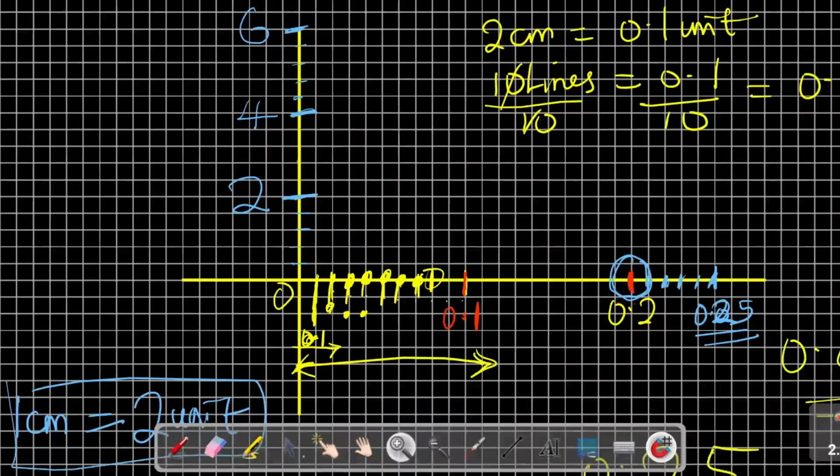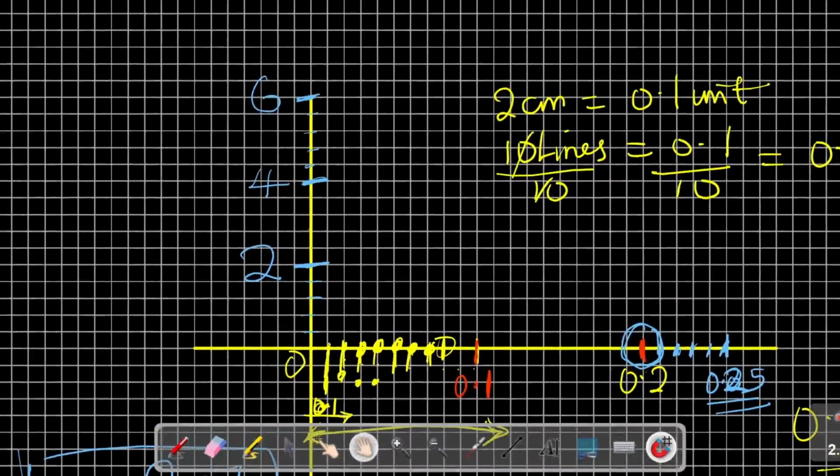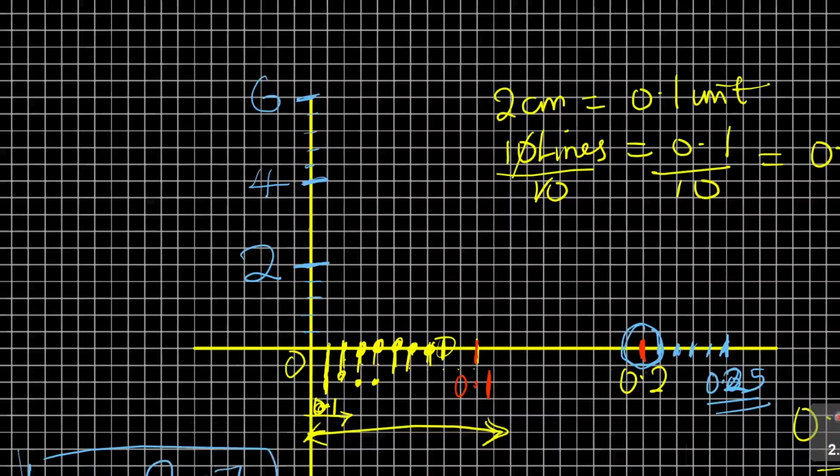Now at this point right now, I want to locate 4.7. Now remember that one line is giving me 0.4. So the first part here is going to be 4.4. This place is going to be 4.8. But you are locating 4.7.